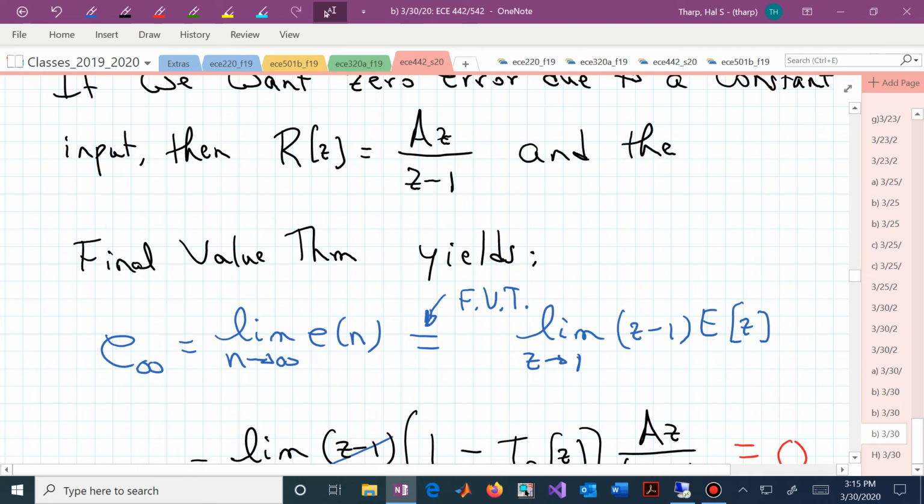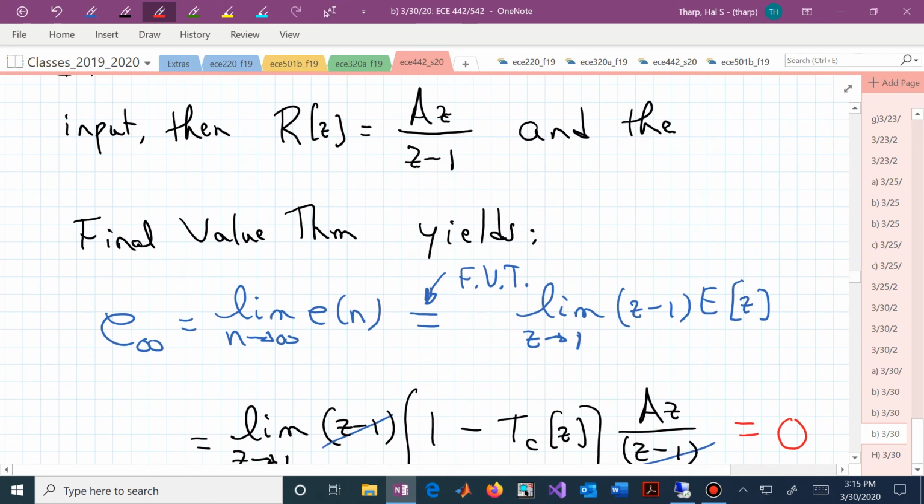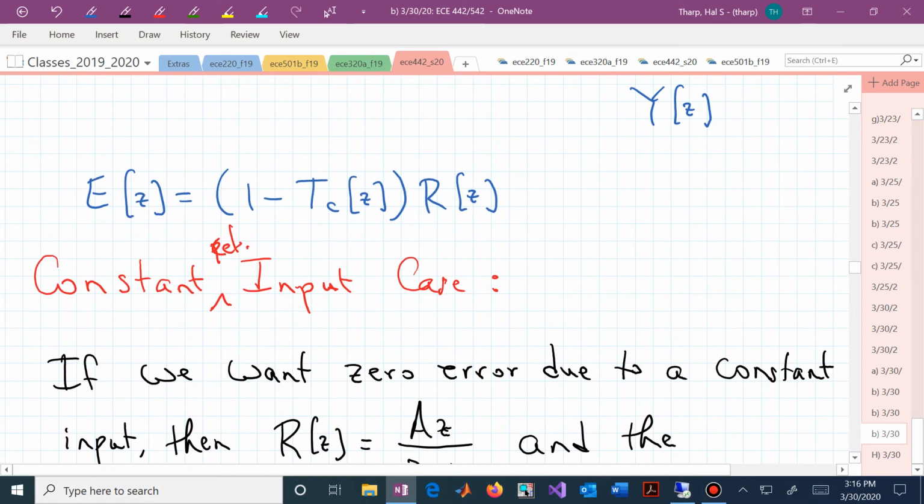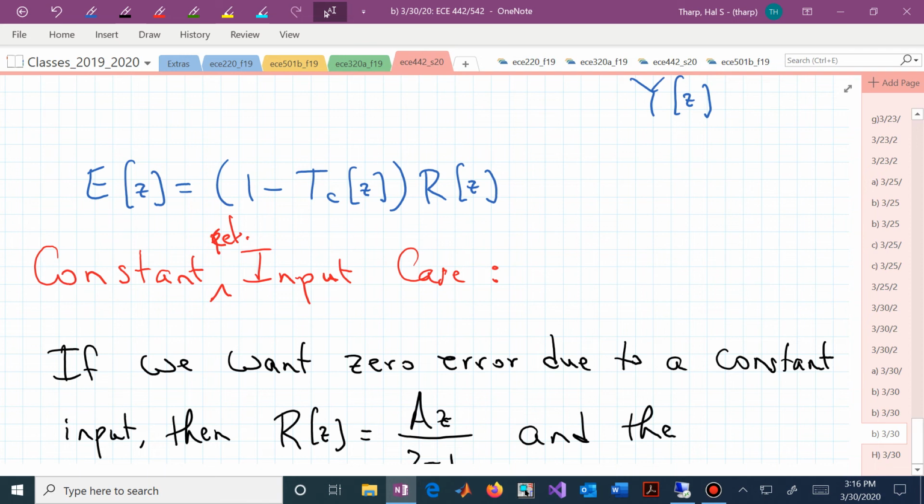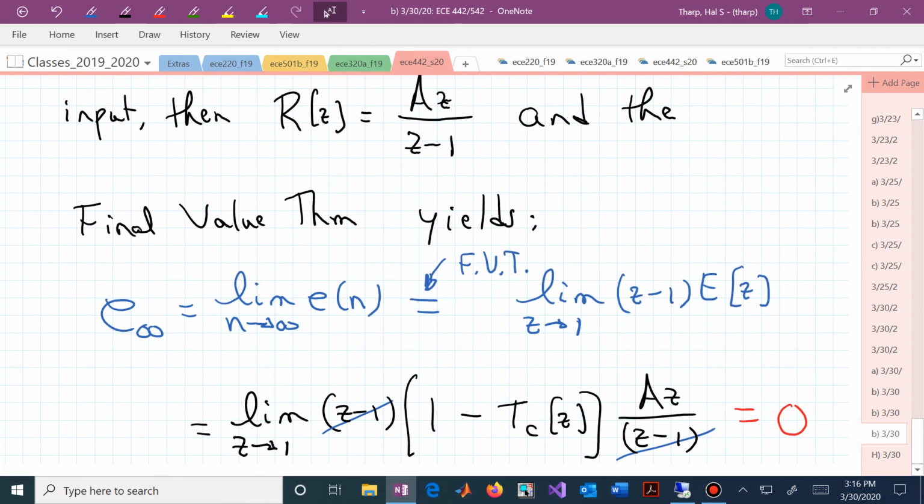Based on the final value theorem, that's equal to the limit as z goes to 1 of z minus 1 times E of z. But E of z is 1 minus T sub C of z times R of z.